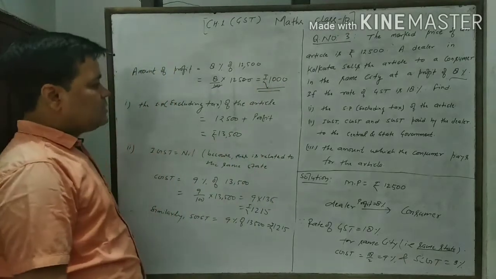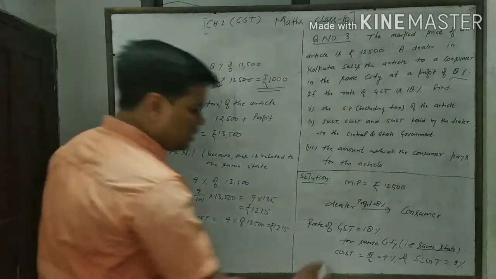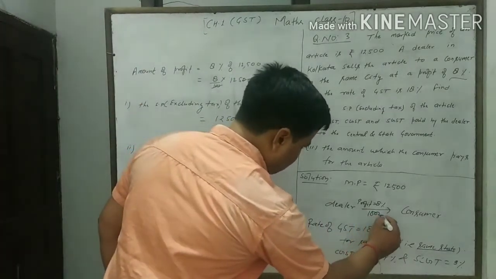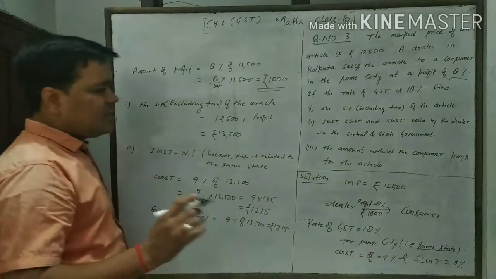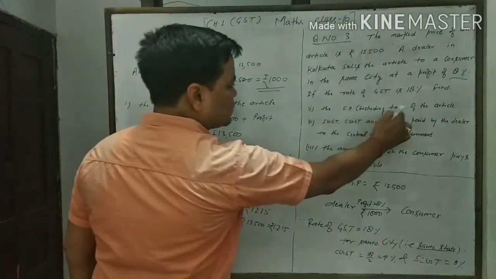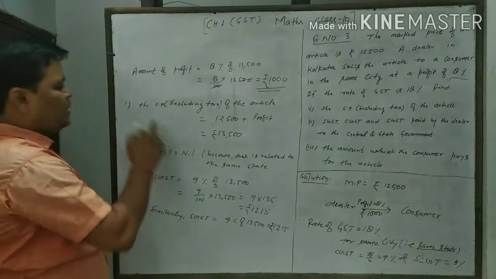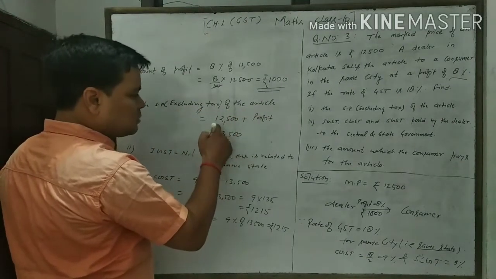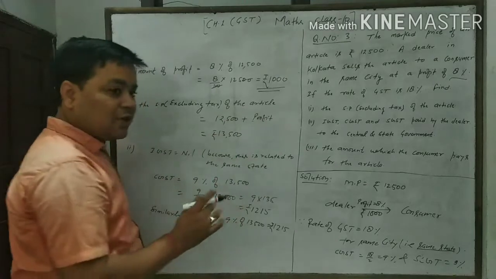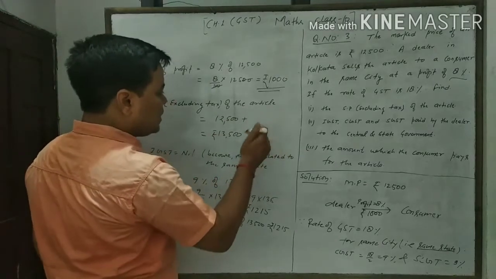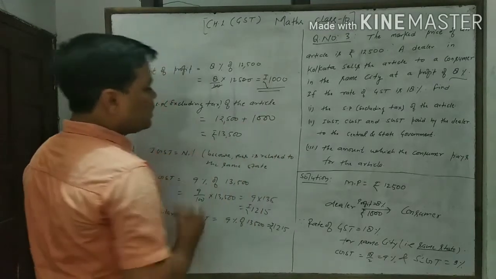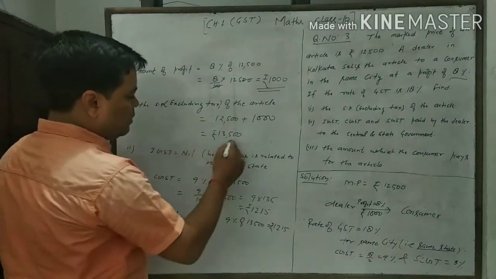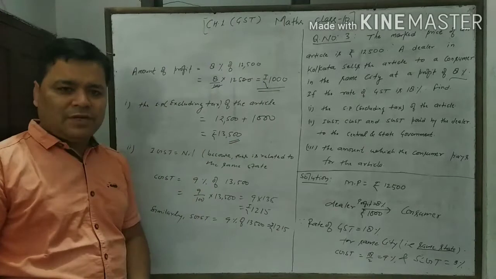It means the dealer takes 1,000 rupees as a profit. Therefore, the selling price excluding tax of the article will be 12,500 plus profit. The profit is 1,000 rupees. Therefore, the selling price excluding tax of the article will be 13,500 rupees.